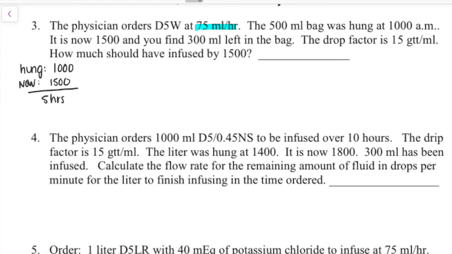And the bag is running at 75 mLs per hour. So you multiply 75 mLs times 5, and that equals 375 mLs should have infused over those 5 hours.